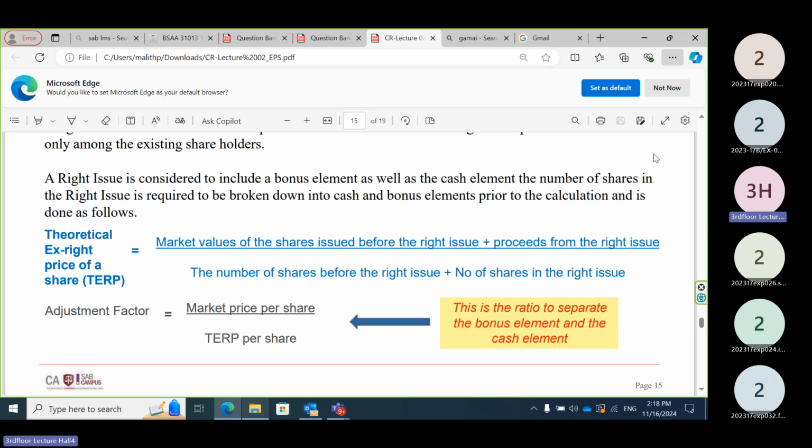For 500 shares, there is to be a rights issue of 5 to 1. It means there are to be 100 shares. 100 shares, market value 30, cash value 20. Can you calculate the theoretical ex-rights price?